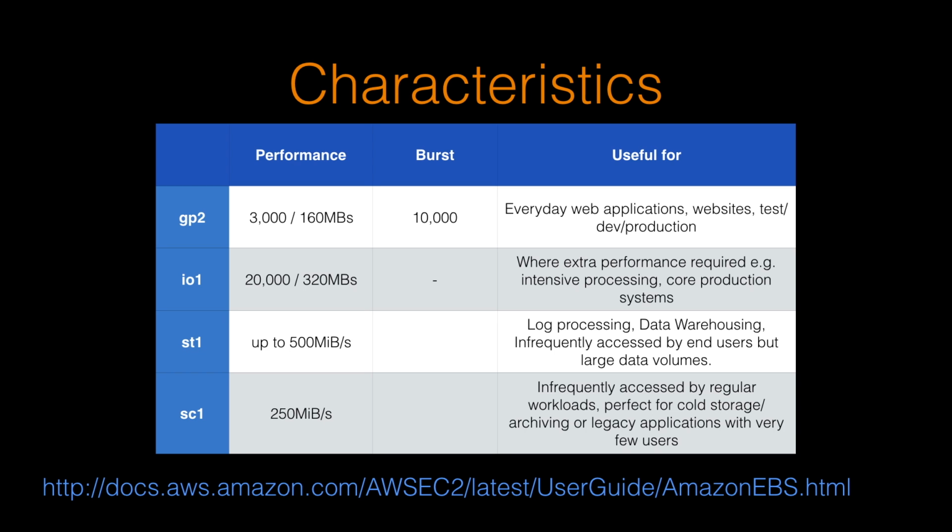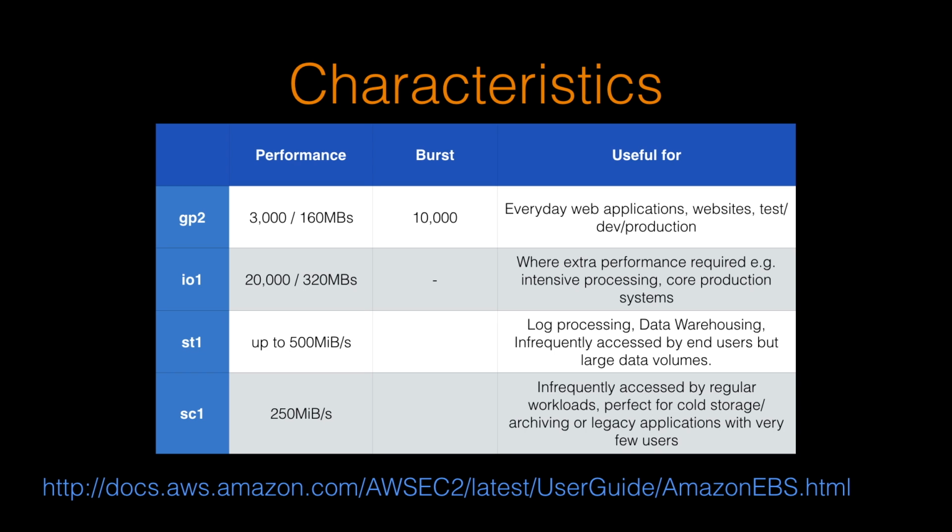How this works is on a calculation basis based on the number of gigabytes per EBS volume provisioned. If you have 1 gigabyte of EBS volume, that equals 3 IOPS. If you have 100 gigabytes, that equals 300 IOPS. And of course, if you've got 1 terabyte of EBS volume, you can have 3,000 IOPS.